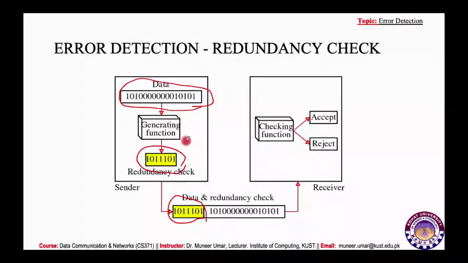So the sender was supposed to send this data, but it sends this entire block, composed of the actual data and the redundant data generated by a function. At the receiving side, the receiver applies a similar function, and if there is no error, it accepts the data, and if there is an error, the data is rejected by the receiver.